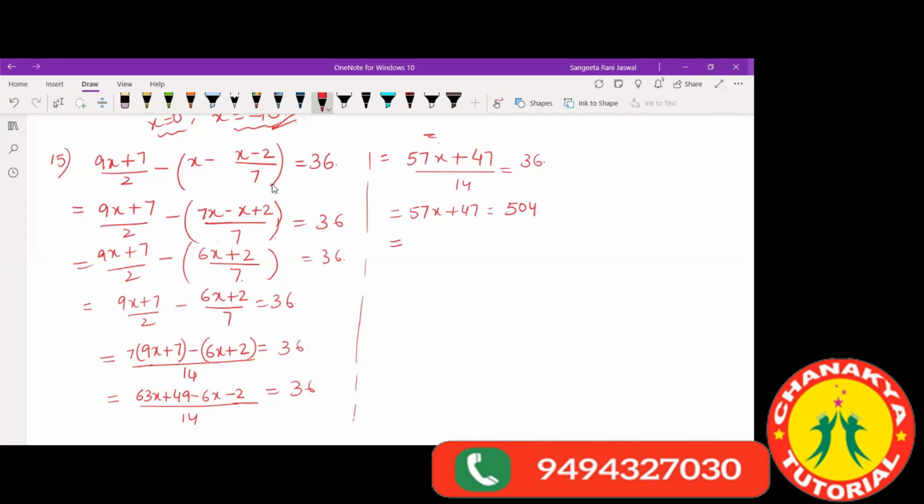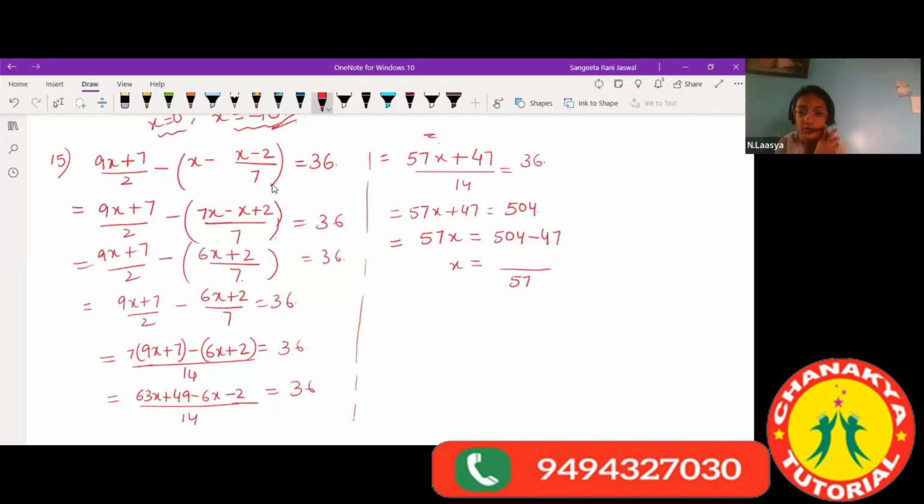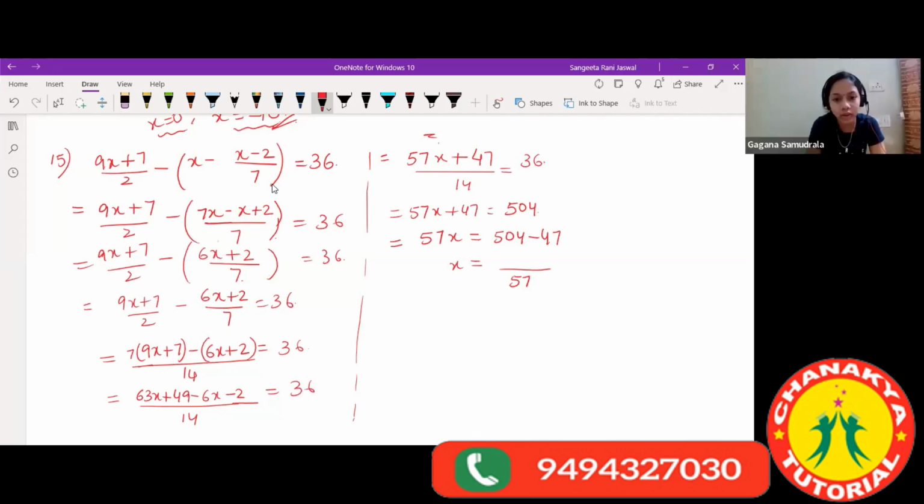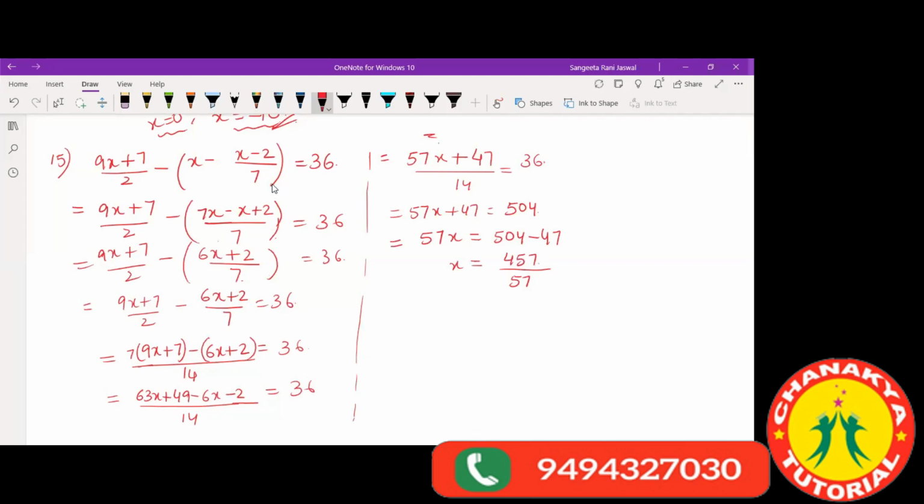Okay, so 57x is 504 minus 47. How much is that? Ma'am, 457. So just divide and check whether you get the answer or not.